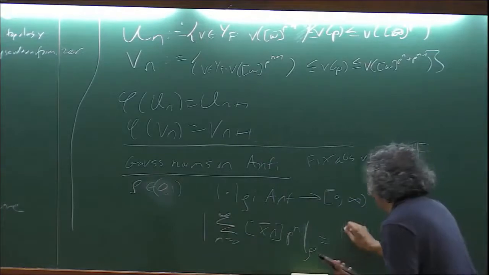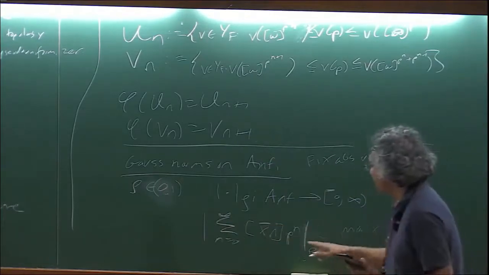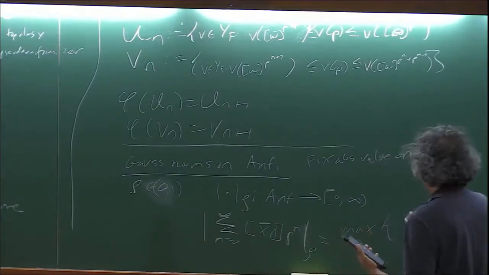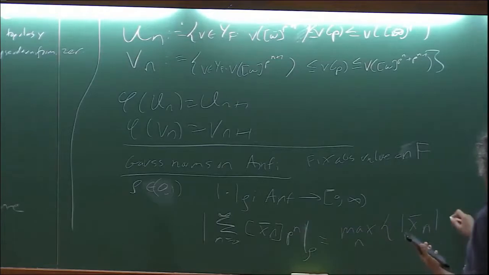So what I'm going to do is declare this thing to have absolute value the max over n of the absolute value of x_n bar times rho to the power n.